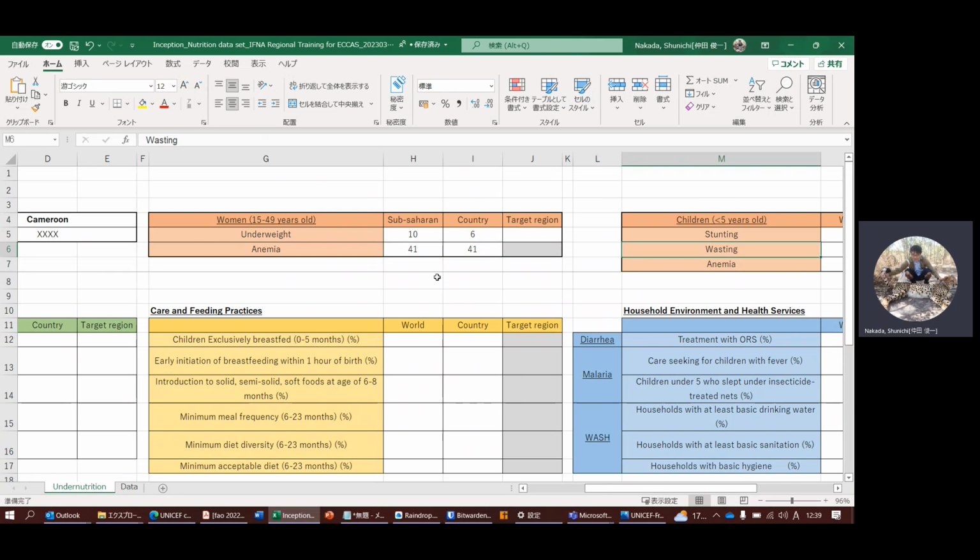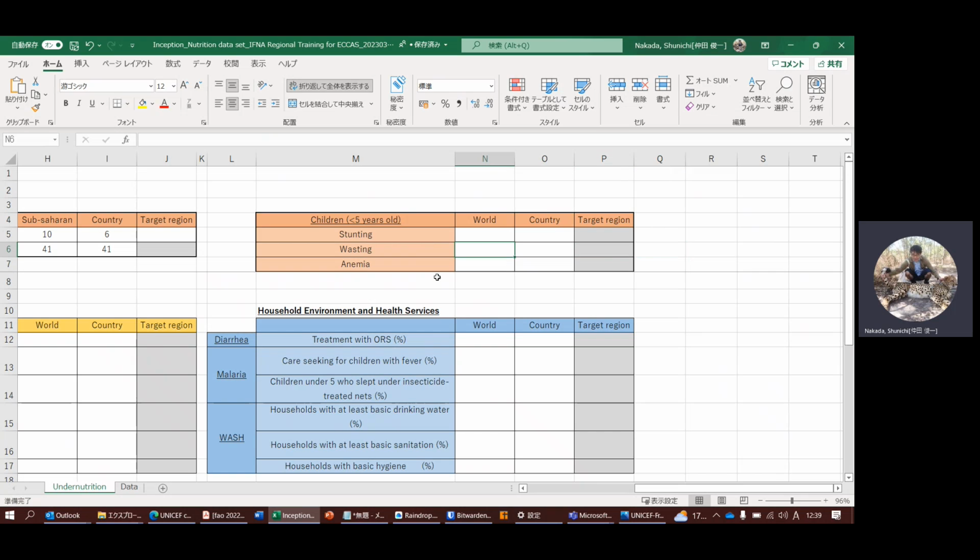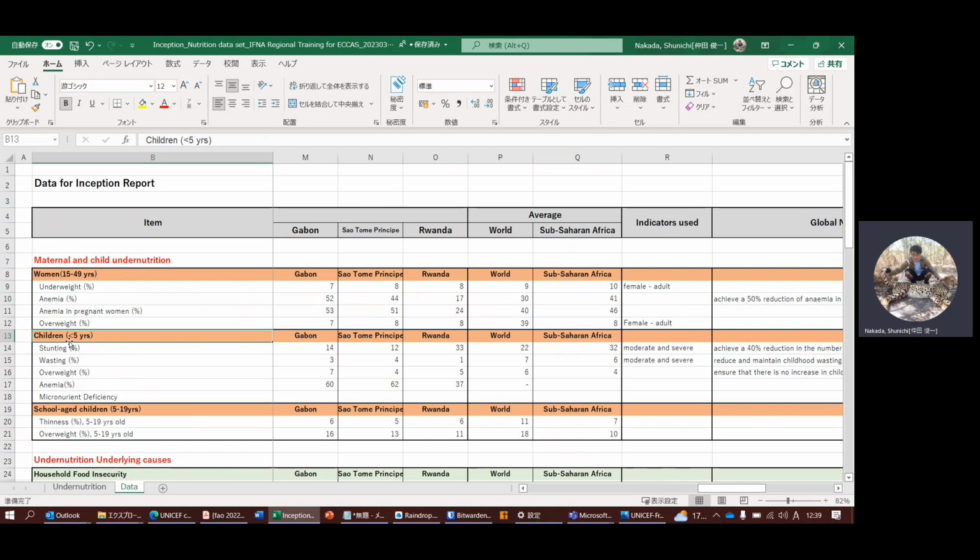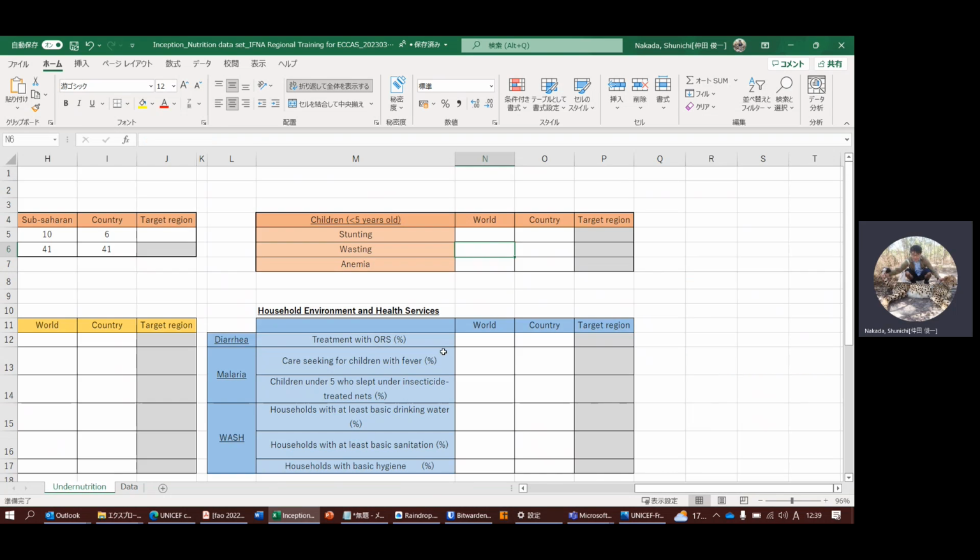Similarly, you will do the same process for child undernutrition. Here, children's status of undernutrition: stunting, wasting, overweight, anemia. So you put stunting, wasting, and anemia for your country, as well as reference data.